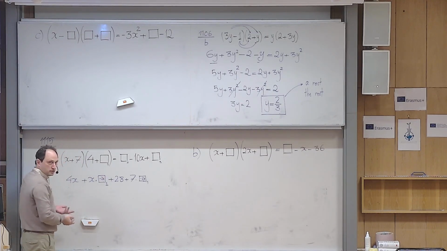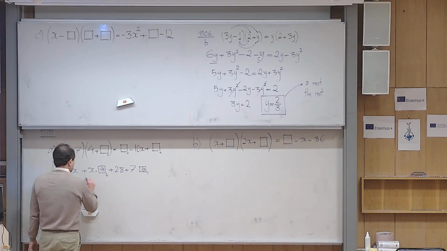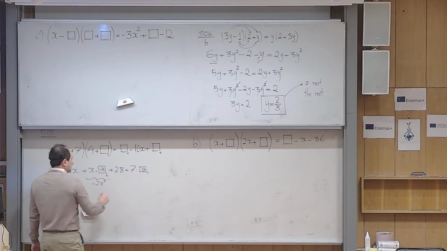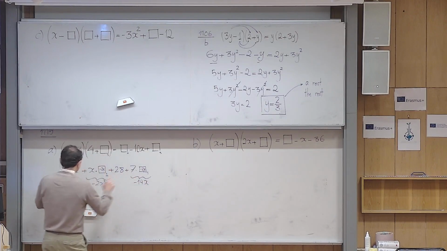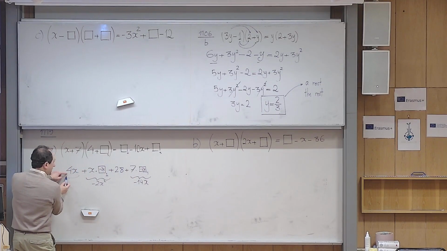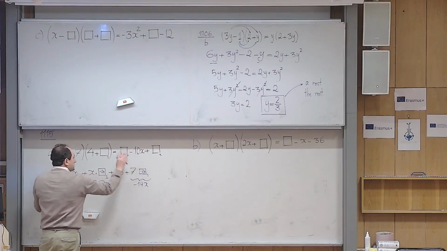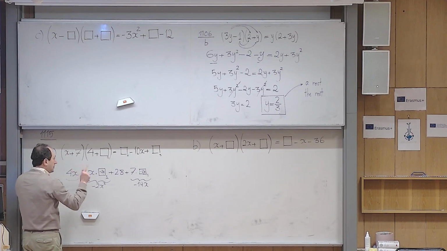Yes. Works? Yes. Okay, so far so good. So let us check. Because this will give me minus 2x squared. This will give me minus 14x. That is very good because this 4x here and that minus 14x immediately gives me minus 10x. So everything is in order. So I think it works.